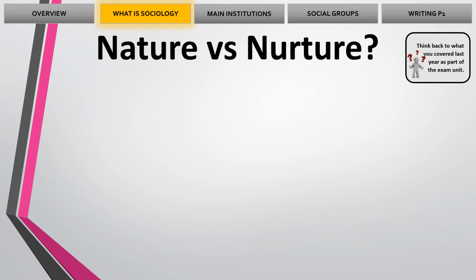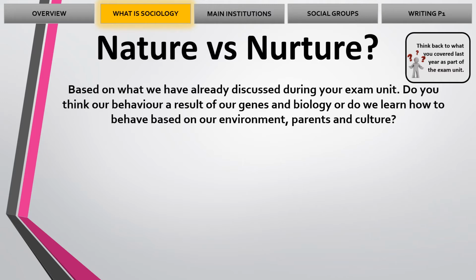Now, one big argument within sociology, and one that we've already touched on in health and social care, is the nature versus nurture debate. If you think back to B1 for the exam unit, for genetics and nature and nurture, we've already discussed this topic. We know that the idea of nature is that our genetics, our biology, determines factors like our health and life expectancy, and in some cases our behaviour.